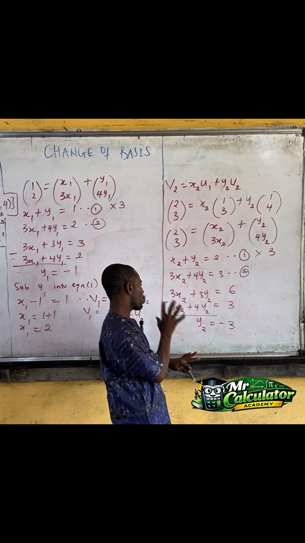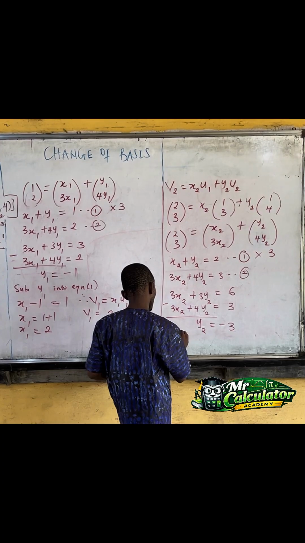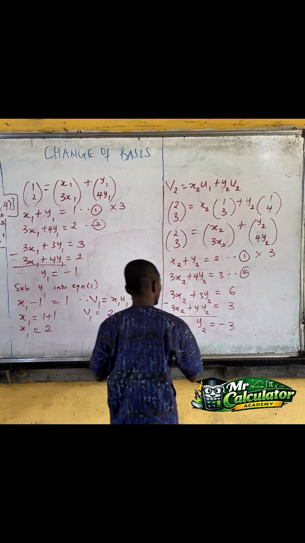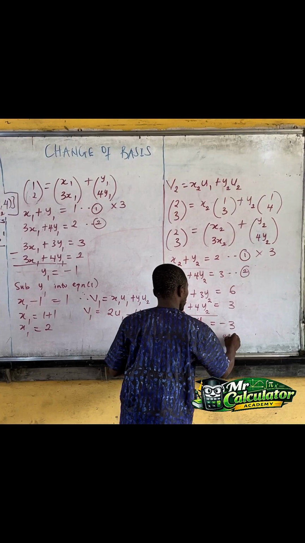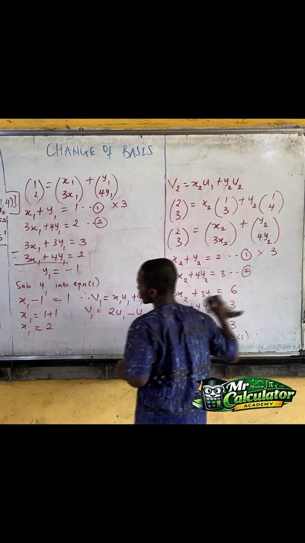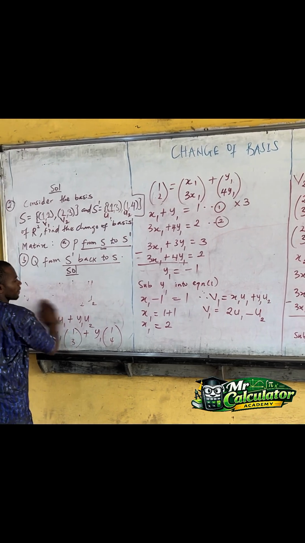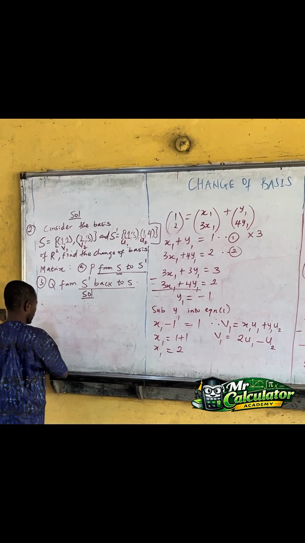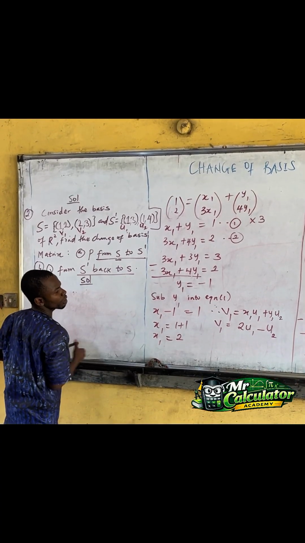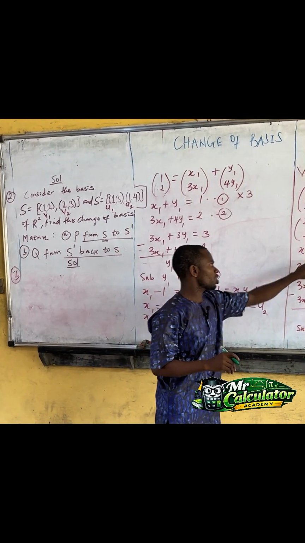Since I've gotten my Y2 as minus 3, what next? Substitute Y2 into equation 1.